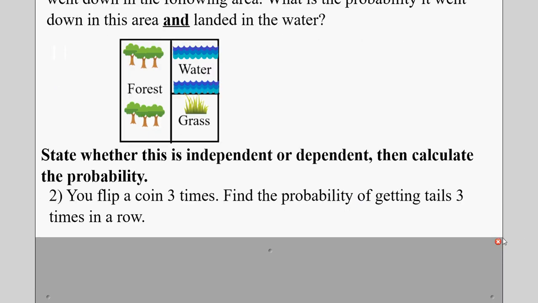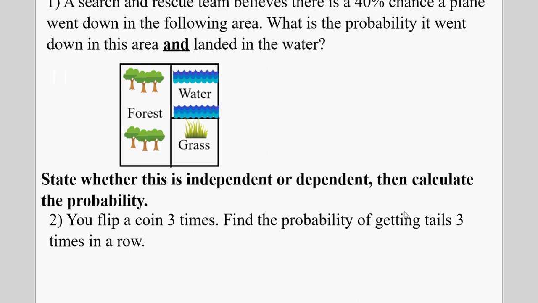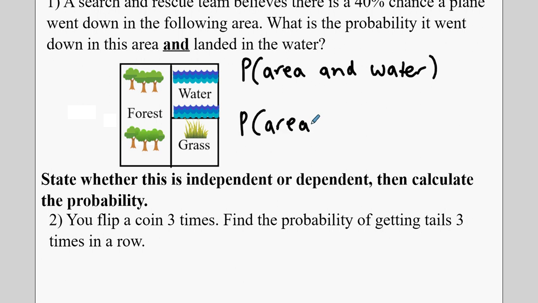Okay, here we go. The first one is dependent because the likelihood of landing in water depends on the fact that you landed in this area. So this is the probability that you went down in the area and also went in the water. So this would be the probability that you went in the area multiplied by the probability that you went into the water for that area.